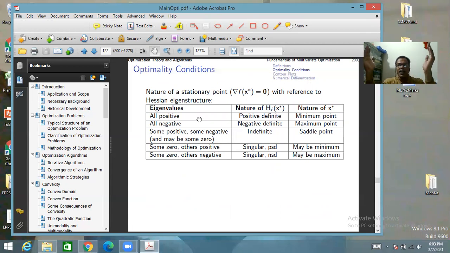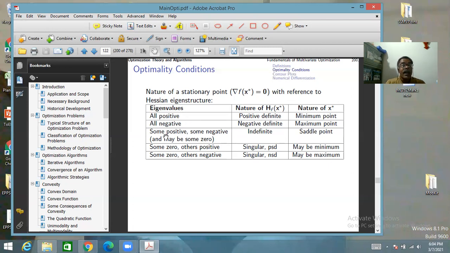Overall the function profile will be like this, so it will be a minimum point where the gradient is 0. If all are negative, then from the current point in all directions the function value will go down like this, and therefore the current point where the gradient is 0 is a maximum. These two cases are obvious.